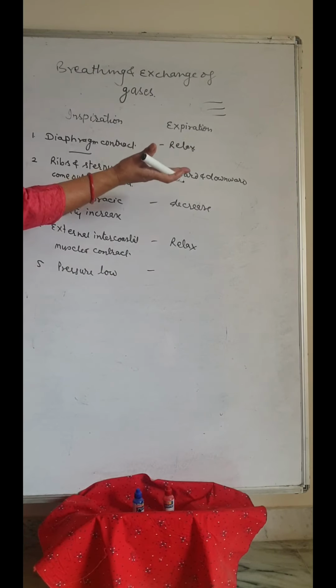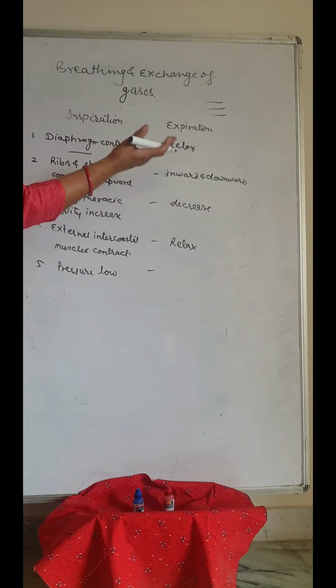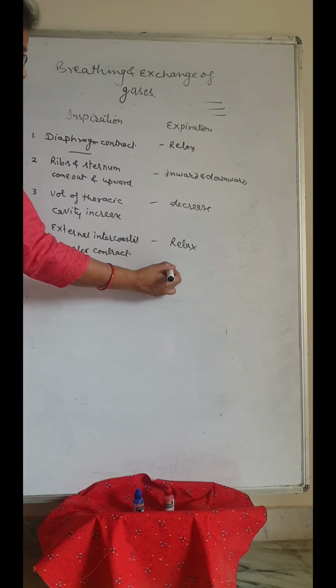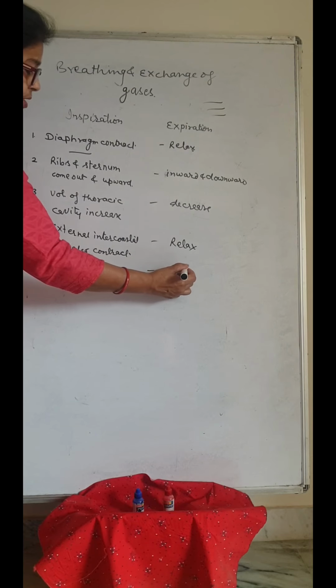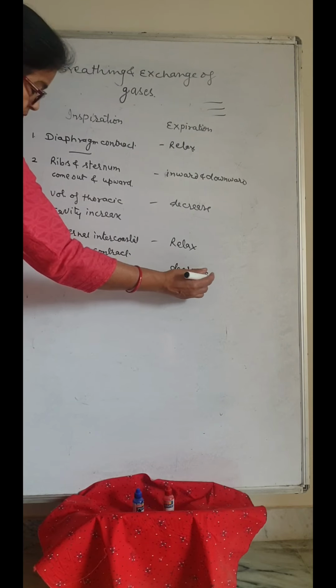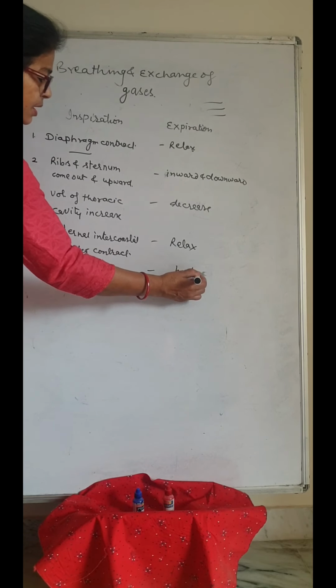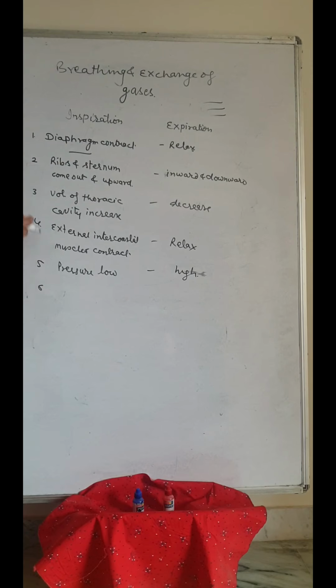Here the diaphragm moves upward and the thoracic cavity moves inward, and the size decreases. Here the pressure is low, and here the pressure is high. And the next, the pressure inside is low, near about 762. So the inhalation is there.